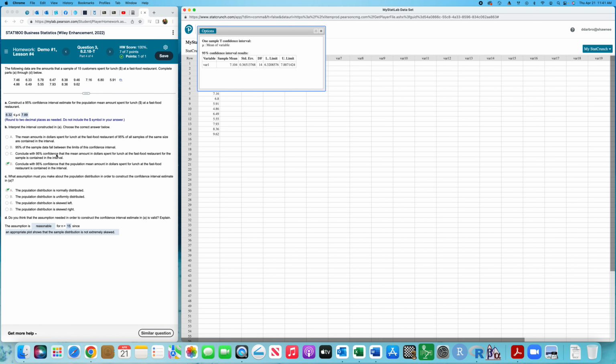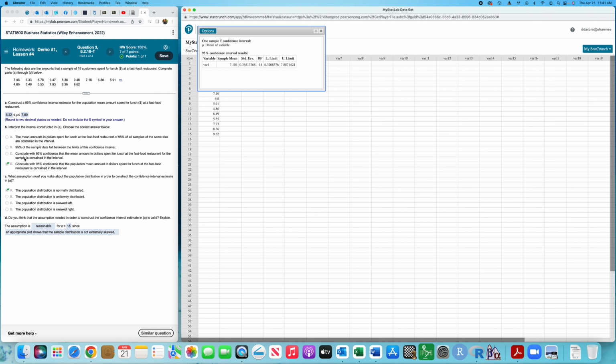And then conclude with 95% confidence that the mean amount in dollars spent for lunch at the fast food restaurant for the sample, well, that has to be included in our confidence interval because we use the sample data to create the confidence interval. If you remember, we take the sample mean of these 15 scores, and then we add and subtract the margin of error to it.